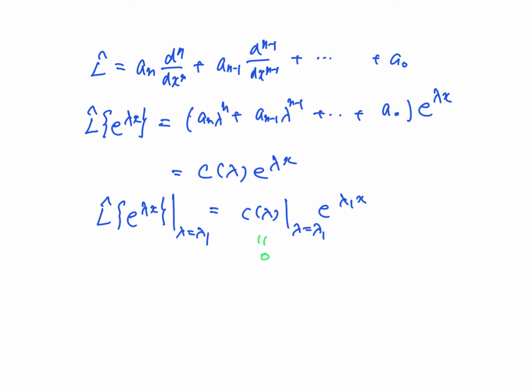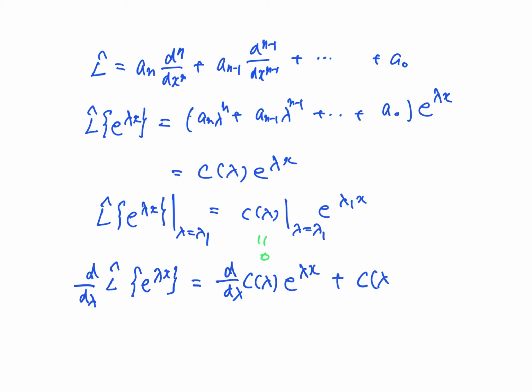What about if we take the derivative d lambda of L? That is d C lambda d lambda exponential lambda x, plus C lambda times x exponential lambda x. What if you substitute lambda as lambda 1?